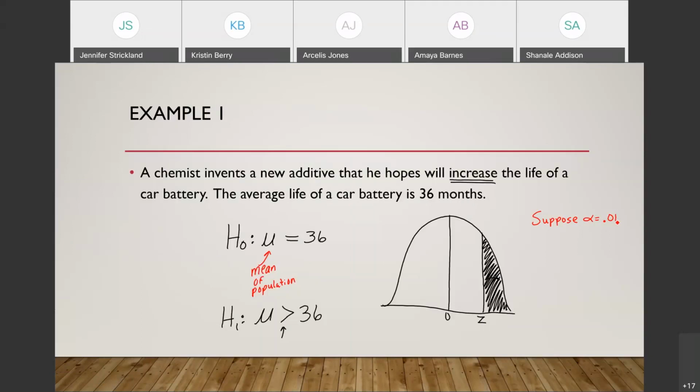Okay, and again, they're going to give you that. So when they give you that, remember that they're giving you the area of the shaded part of the curve. So they essentially are telling you that this part of the curve is 0.01. And your job is to find the z value.